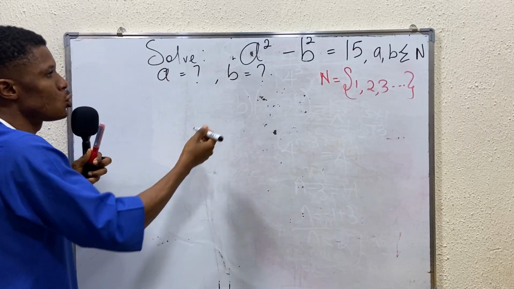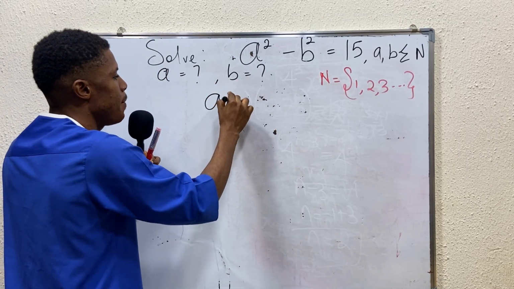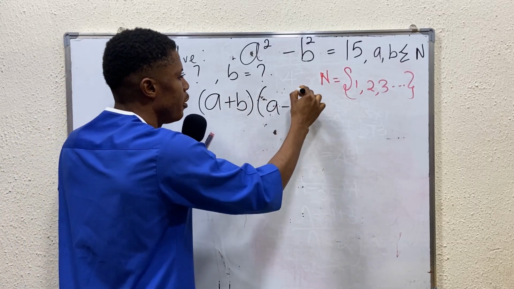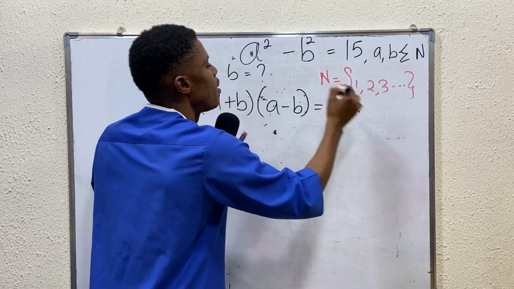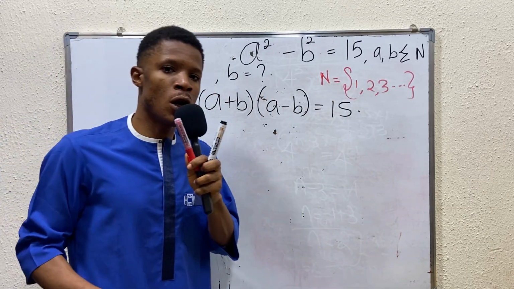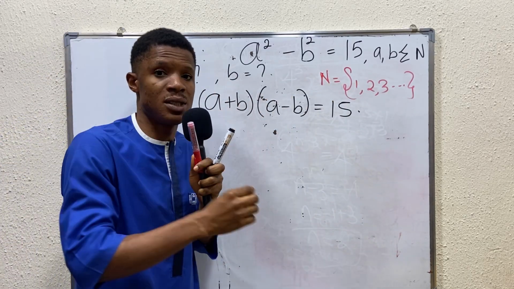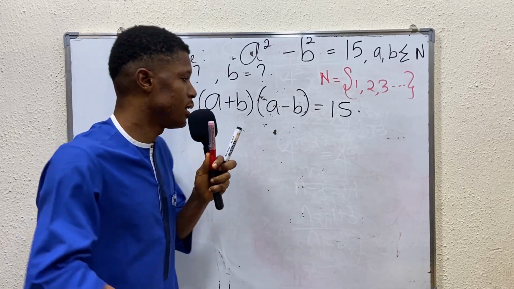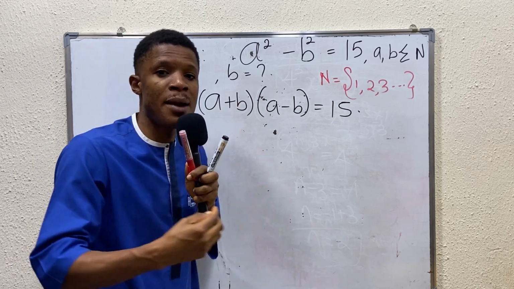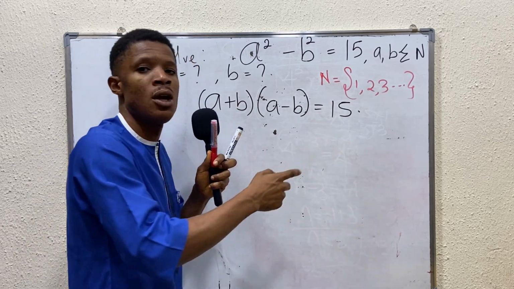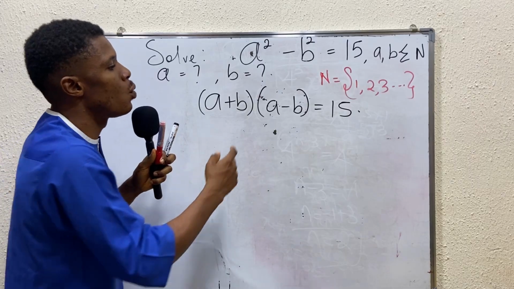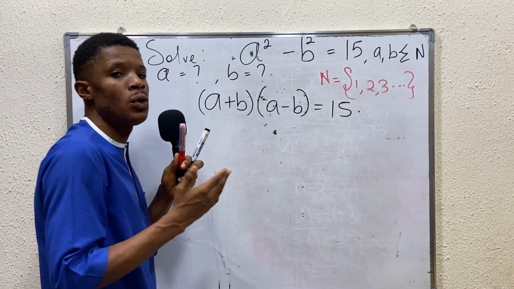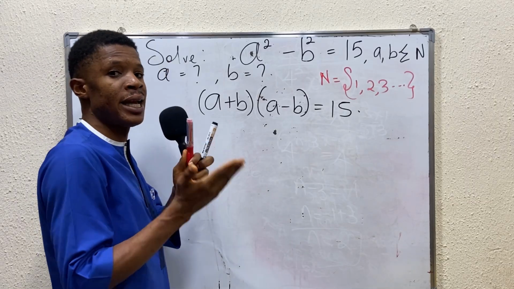We expand it to be a plus b, the sum of the terms, times a minus b, the difference of the terms, and that equals 15. So we have to look at the factors of 15 and find the two factors, but we try not to get negative numbers.